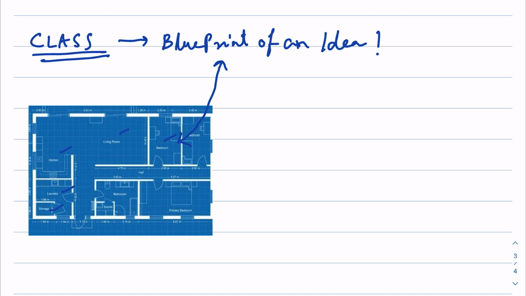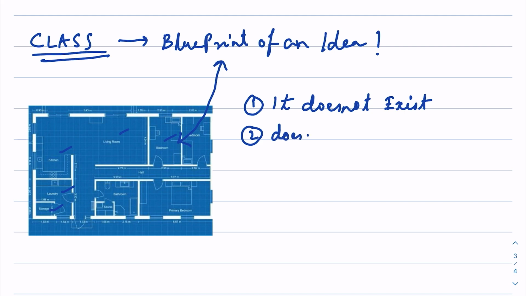So what properties does this map of the house have? The first main thing is it doesn't actually exist. It's simply a map. The second property: it's a map, so it doesn't take up any space on the earth.